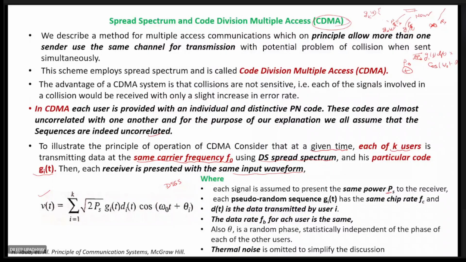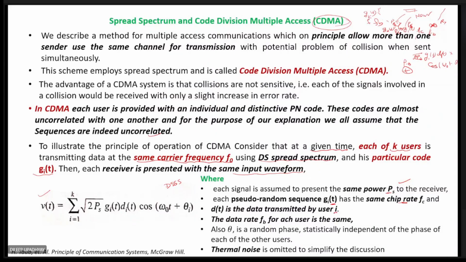Each pseudo-random code Gi(t) has the same chip rate Fc, and the data being sent has the same bit rate, Fb.